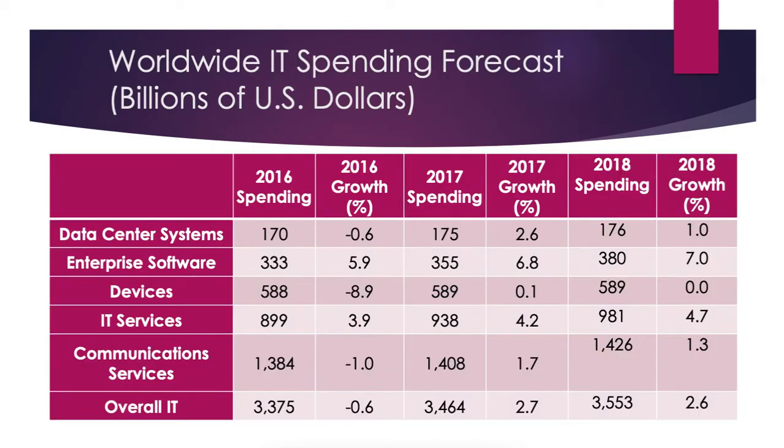So next, take a look at business spending on IT from 2016 to 2018. As for data center, there's not much growth, just 1% until 2008, but there is a significant increase as more people are creating their own websites or requiring servers.